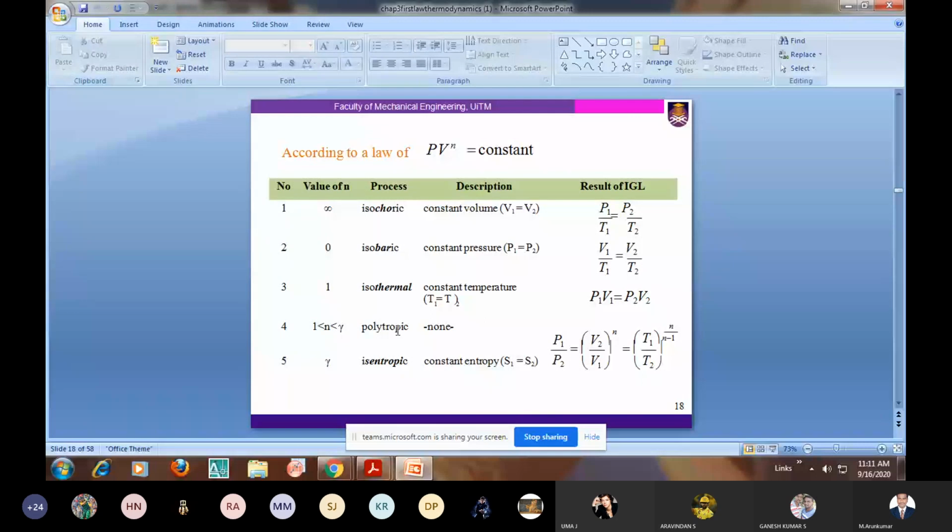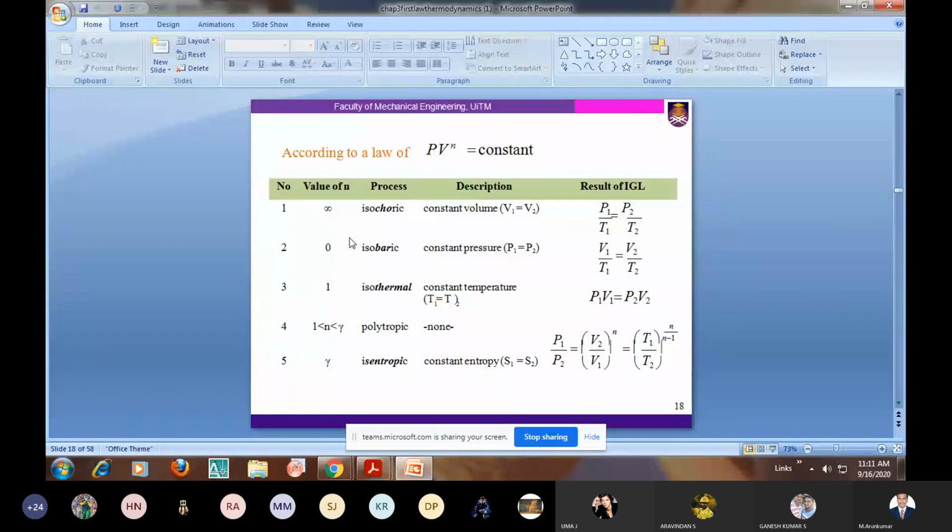So we can compare the n values here. If n value is infinity, that is for the constant volume process.